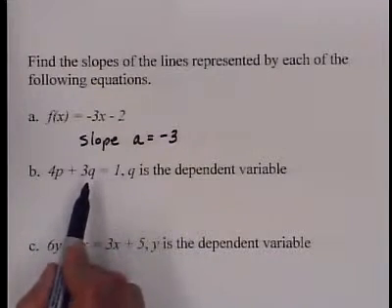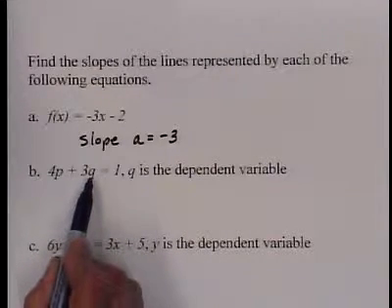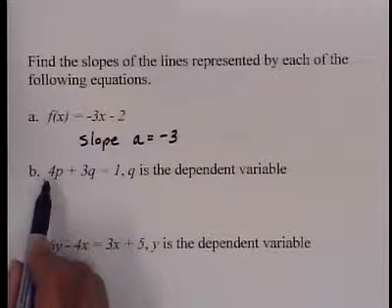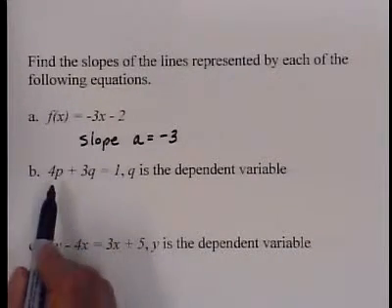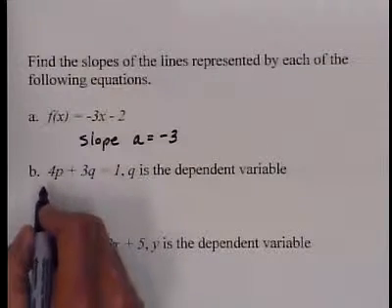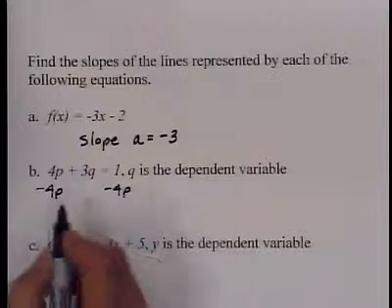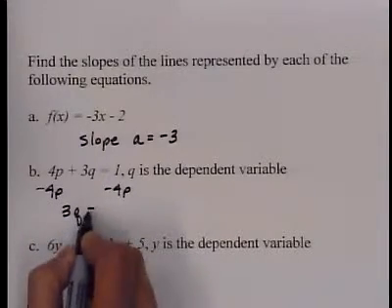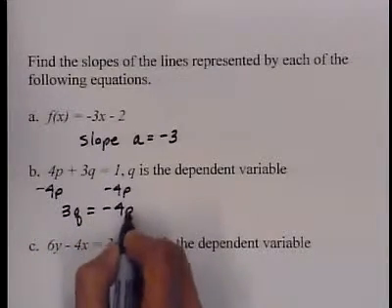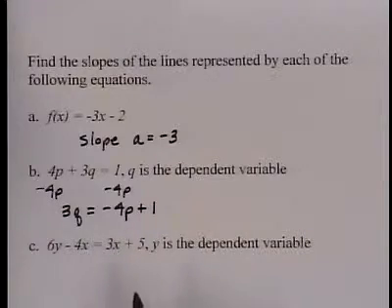In order to get the slope, we need to isolate q, or get q by itself on one side. To do that, as a first step, I'll subtract 4p from each side of the equation and write 3q equals negative 4p plus 1.